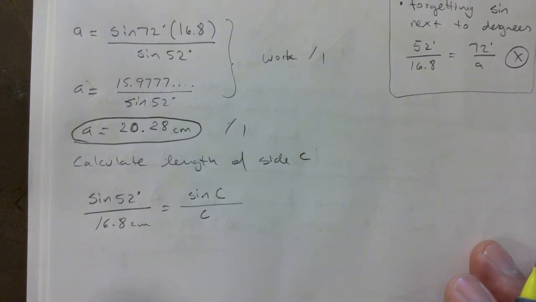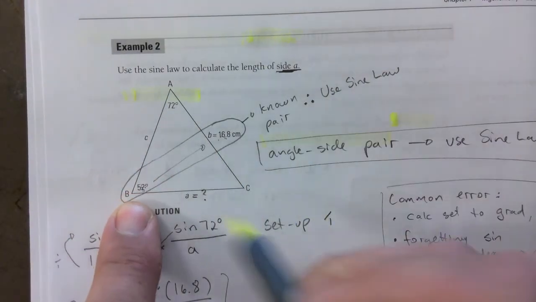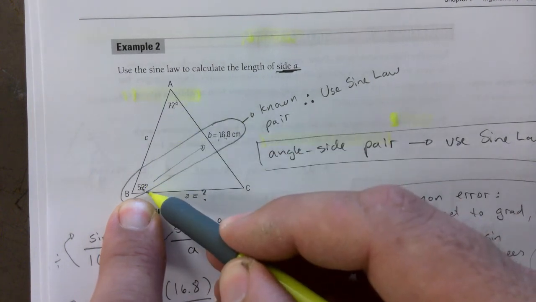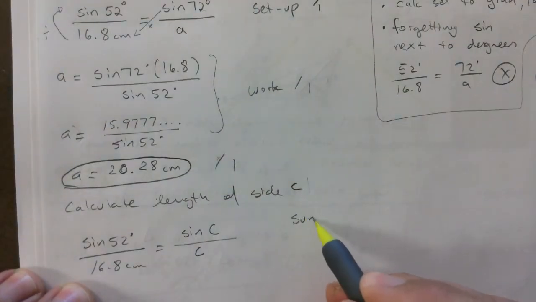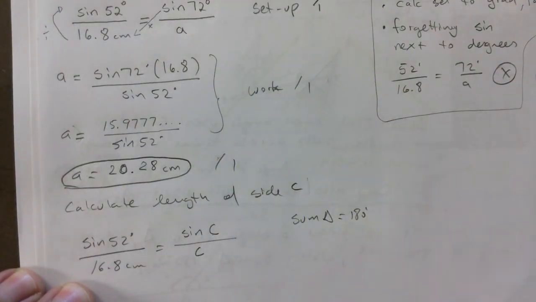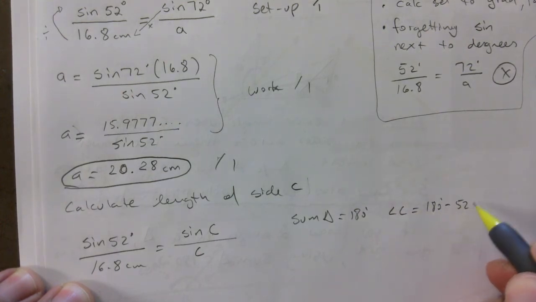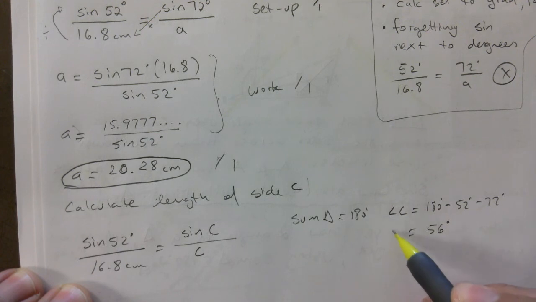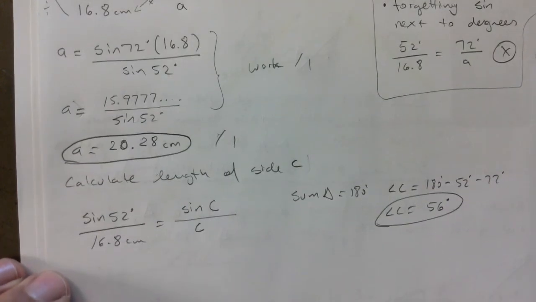Right. So Gila used sum of triangles 180, right? So I want to emphasize that because a lot of students would be stuck at this point. I know 2 out of the 3, so I'm going to use sum of triangles equal to 180. So angle C is 180 minus 52 minus 72. And it's 56, you said? Okay. So angle C is 56 degrees. So that would be actually an extra mark on the side.